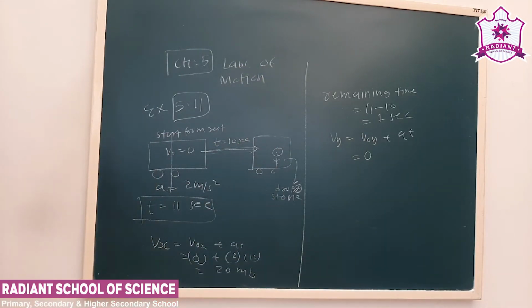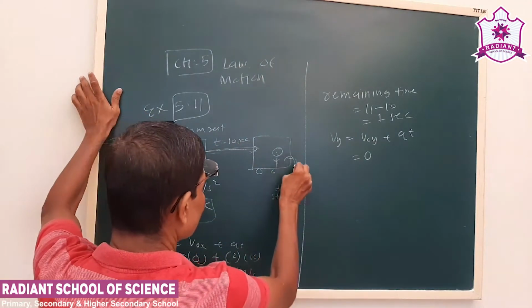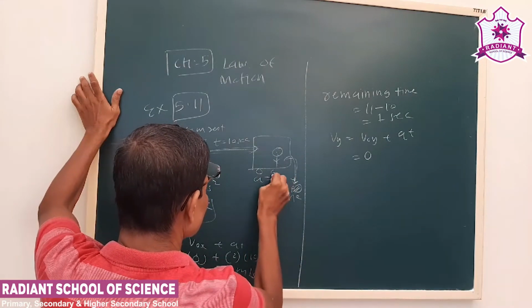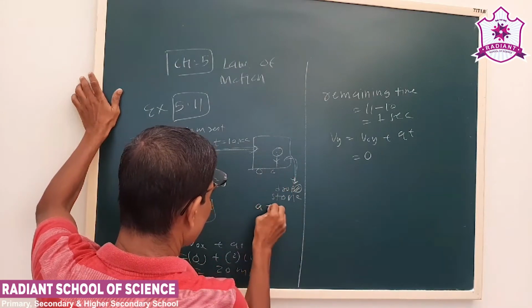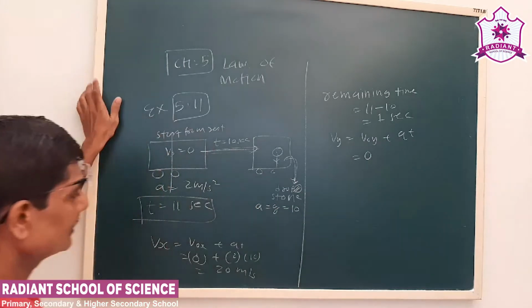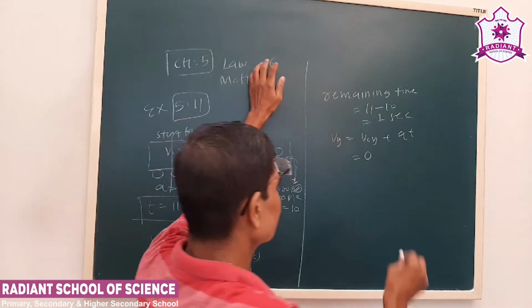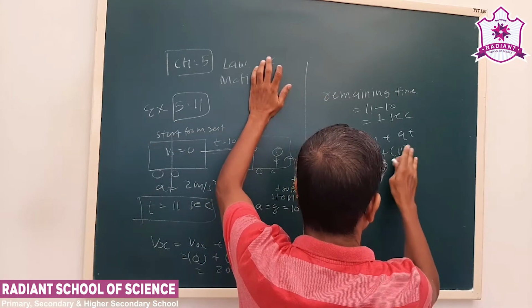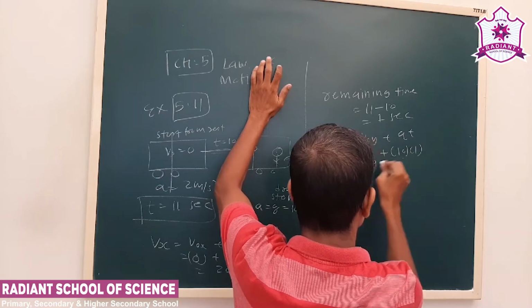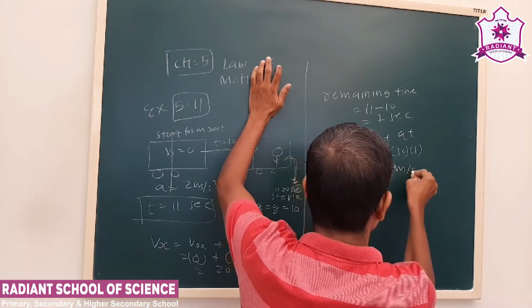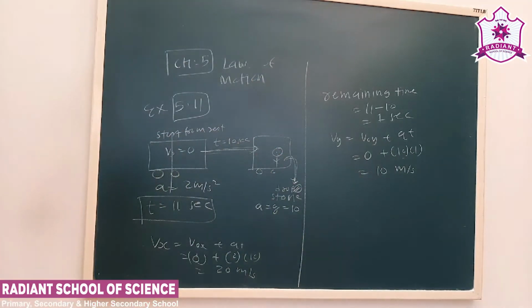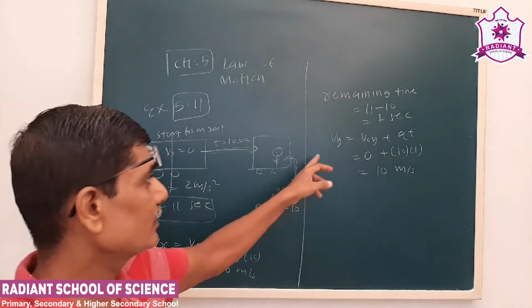After that it will move with the gravitational acceleration, so a is equal to g, which is 10, and the remaining time here is 1 second. This is the y component of the velocity.